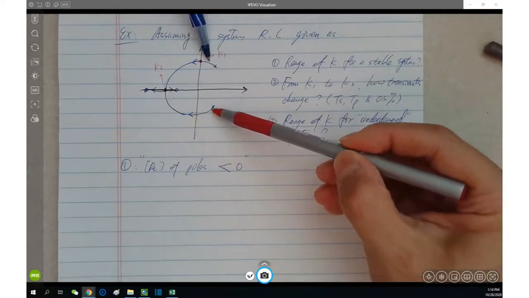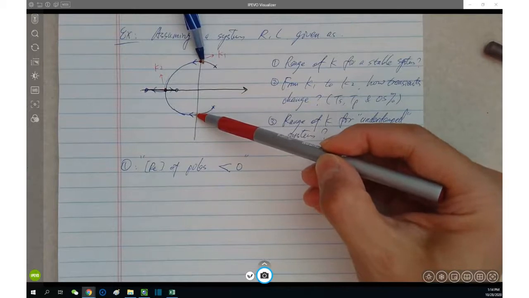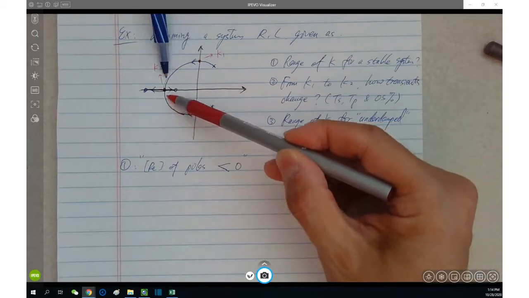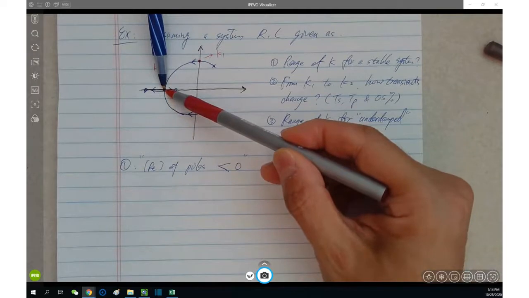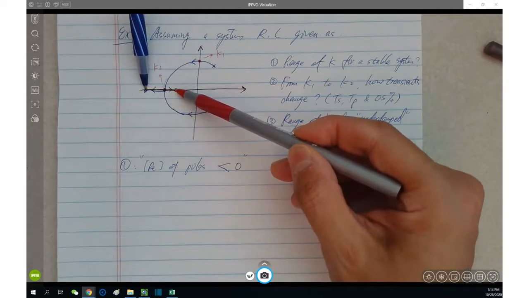Basically, they start from here, moving, intersecting with the y-axis together, at the same time, and then they cross it and keep moving. Merging here, right? And then they split again towards different directions and end at different points. This is how you read this root locus.